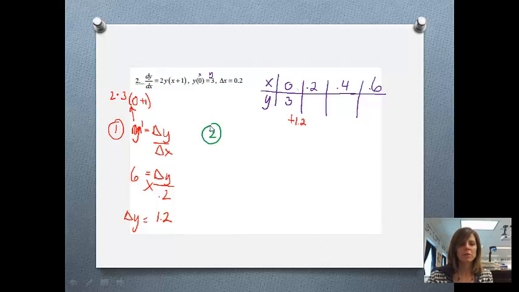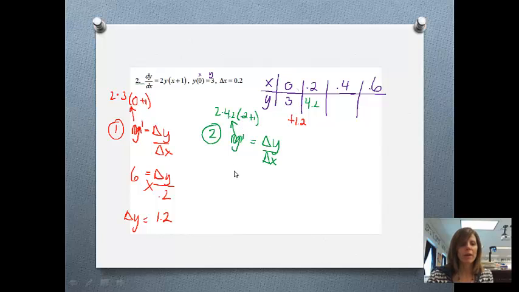Alright, so step approximation 2, if I added 1.2, I'm going to get 4.2. So we're going to have m equals delta y over delta x again, and my m is just my y prime, so to figure that out, I will do 2 times the new y value right now, which is 4.2, and then x is 0.2 plus 1.